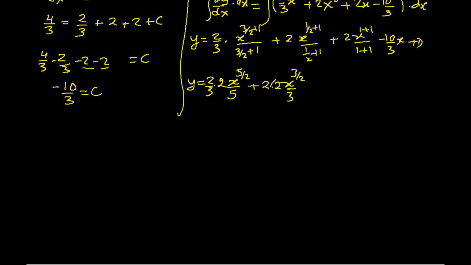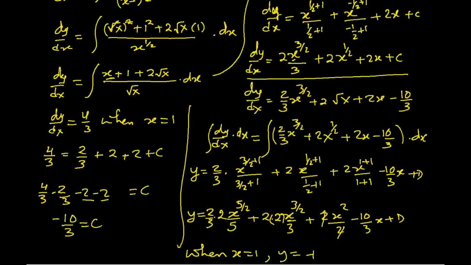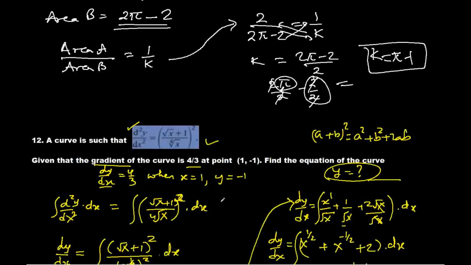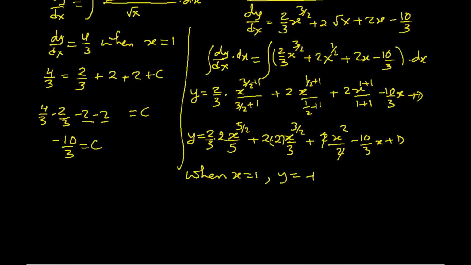It's multiplying. Plus 2x squared over 2 minus 10 over 3 x plus d. This 2 and this 2 can cancel. Alright. Now, they said when x is 1, y is negative 1 as far as I remember. Yes. So we'll use this to get the final equation.